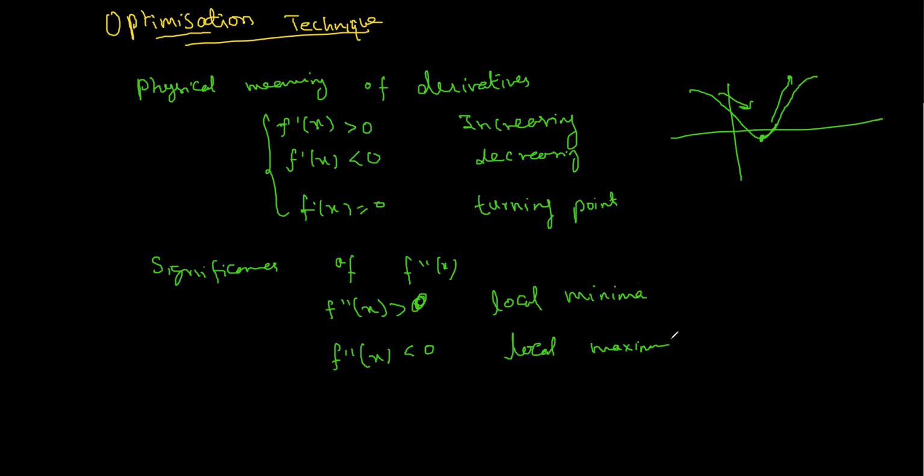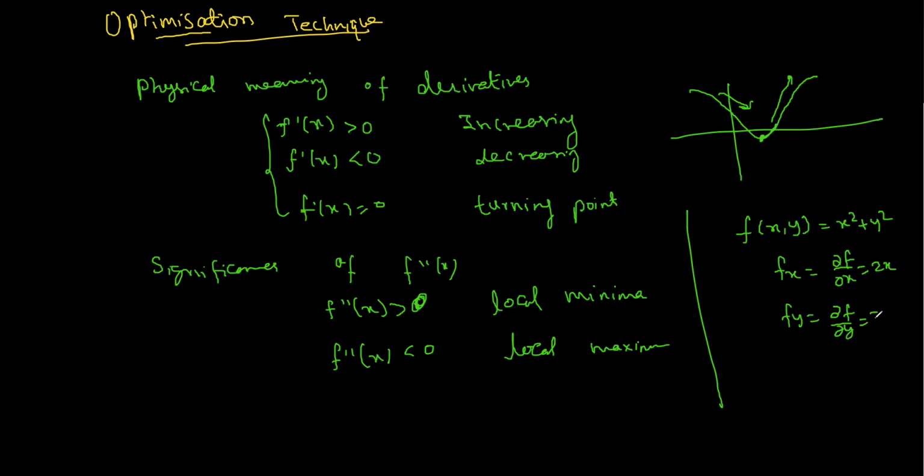In this subject, you will also learn how to find partial derivation. Partial derivation is used when a function contains two or more variables. For example, f of x means partial derivation of f with respect to x. f of y means partial derivation of f with respect to y. f x y means partial derivation of f with respect to x and then with respect to y.